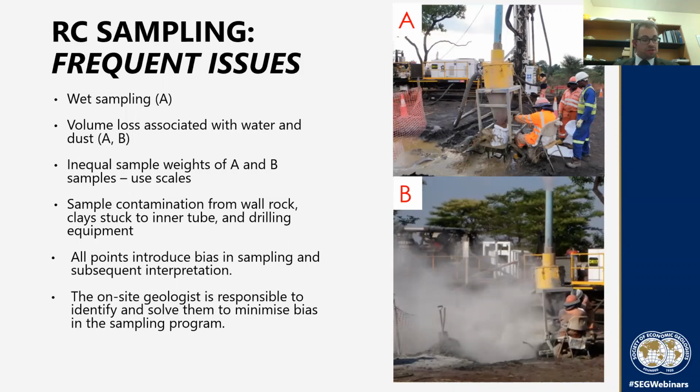They all introduce also bias in the sampling technique in subsequent interpretation. So especially if you're on a resource evaluation project, this bias can become very critical. So your responsibility as a geologist on site will be to identify these problems, be aware of these problems, and then try to minimize the consequences of those.